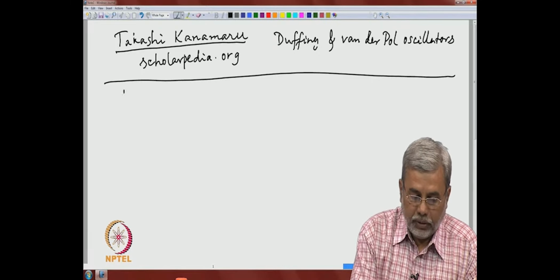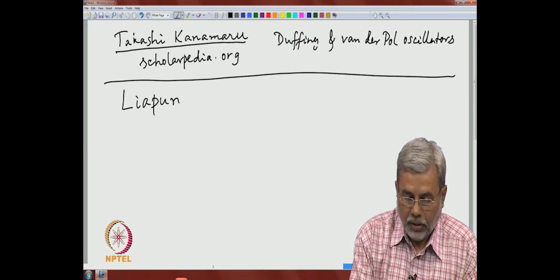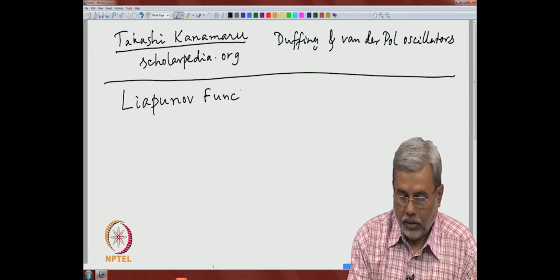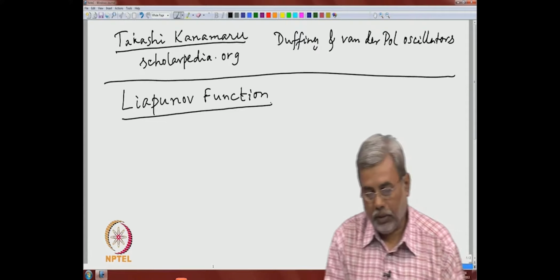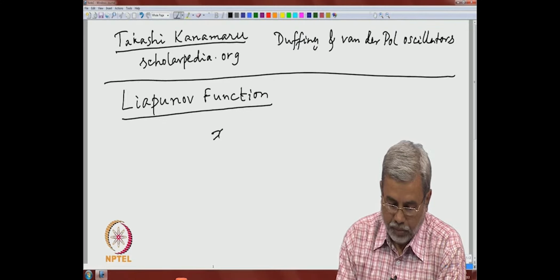So, we introduce the Lyapunov function. Okay. Definition is very simple. So, again consider the autonomous system x dot equal to f x.